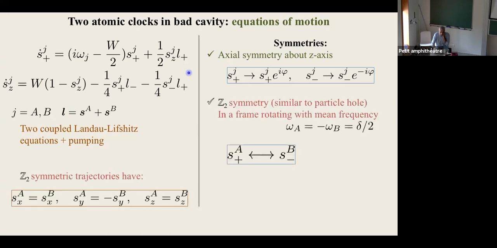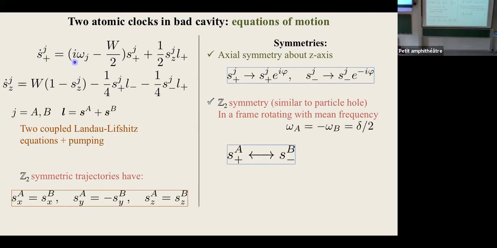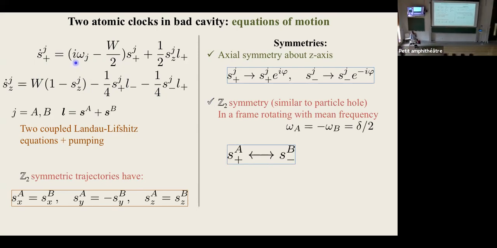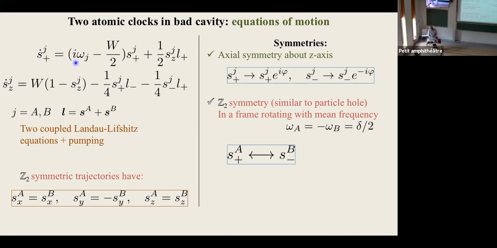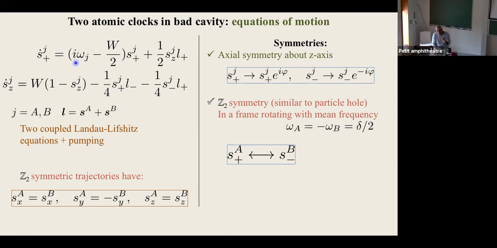Now, secondly, you can complex conjugate these 2 equations. So the second equation is real, it will not change. And in the first equation, S plus will turn into S minus, and omega will become minus omega, essentially, right? Because i becomes minus i. So now, to reveal the symmetry here, it's best to go into a frame that rotates with the mean frequency, omega A plus omega B over 2.